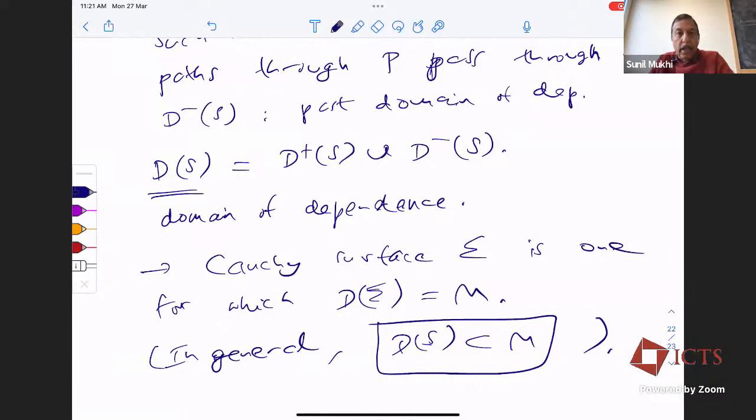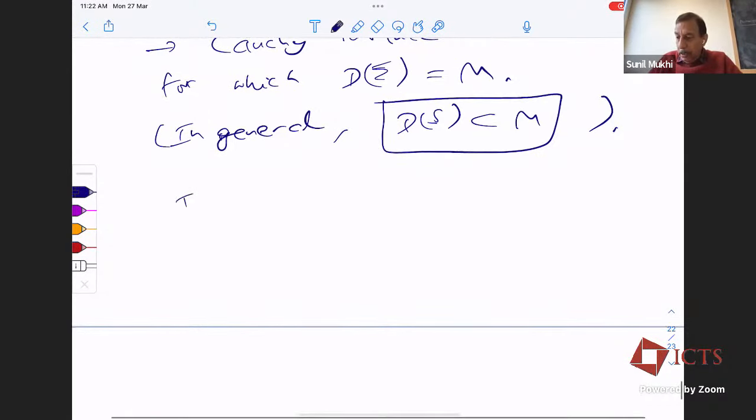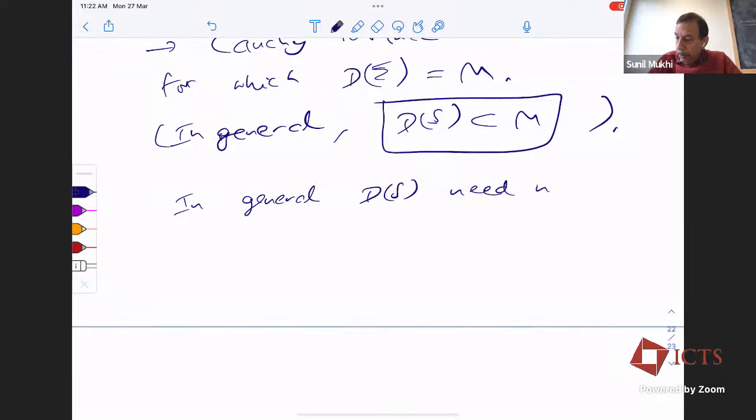Okay. It does rely on future and past inextendable curves, and it relies on the set being a-chronal, and also, for me at least, space-like, but I think it's okay to take it null. Okay. Now, there's an interesting theorem, which is quite easy to prove actually. In general, D of S need not be closed.